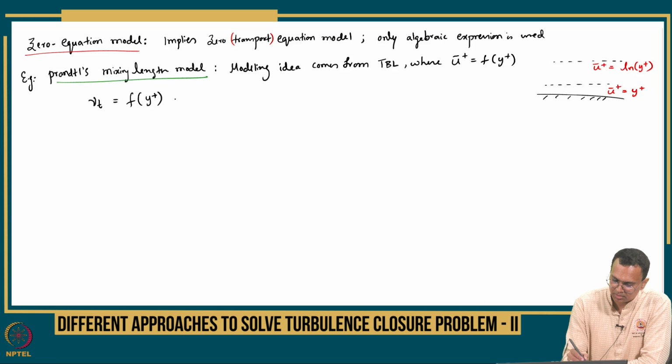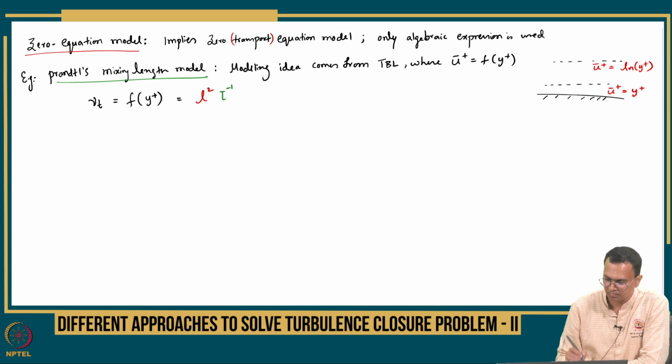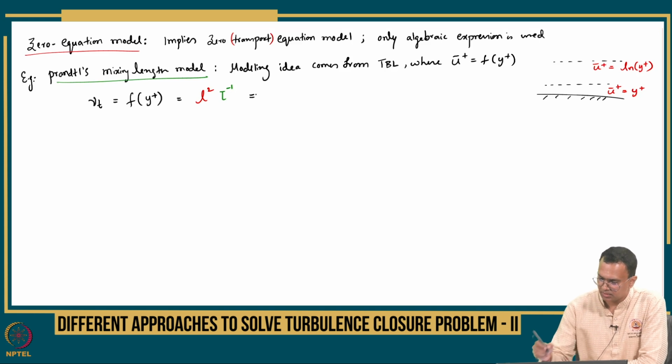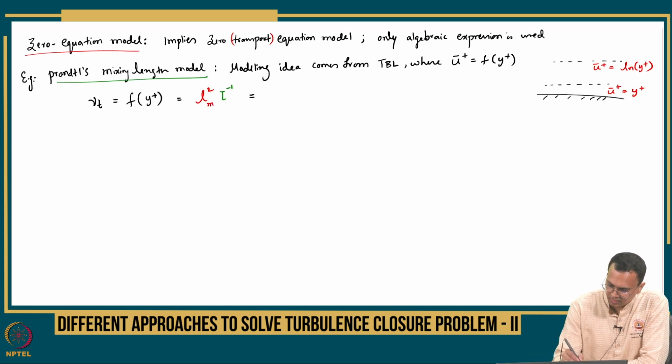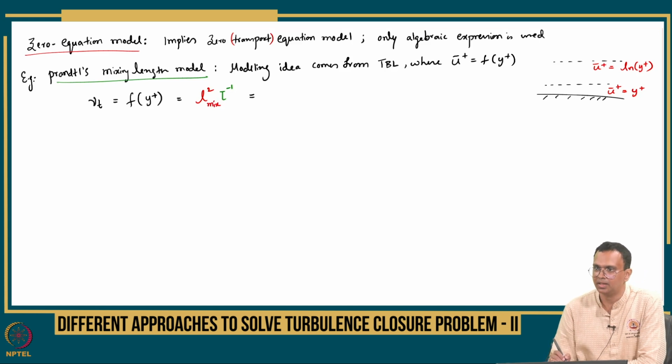This can be an L squared and of course a time scale. For the L squared I will call this L mix. Here L mix is your mixing length.